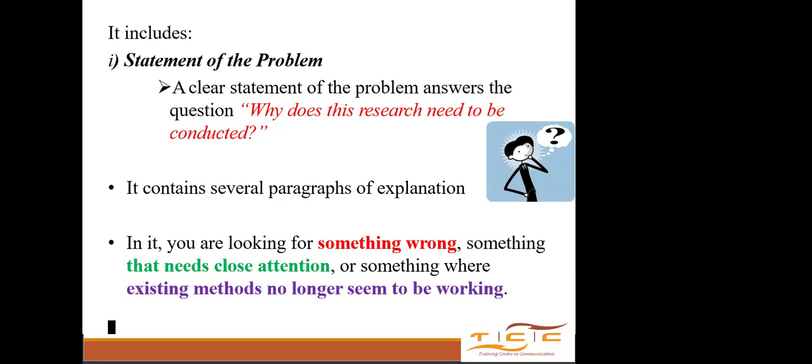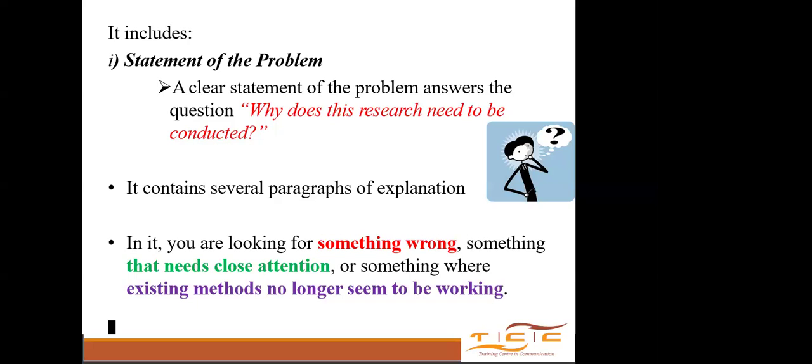So here you just need to tell us what the problem is, narrate the problem, what is the ideal situation and what is the current situation, so that we get to know what the problem is. It contains several paragraphs of explanation, but most of the time we are told to do it in one paragraph, maybe three quarters of a page.